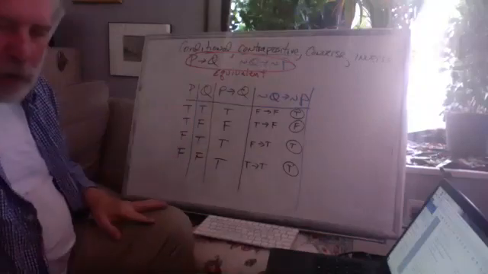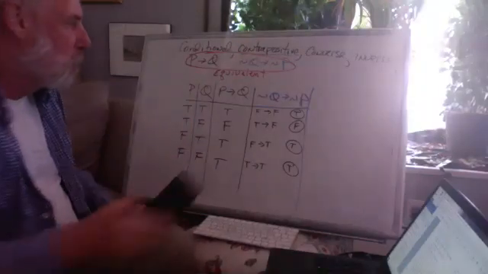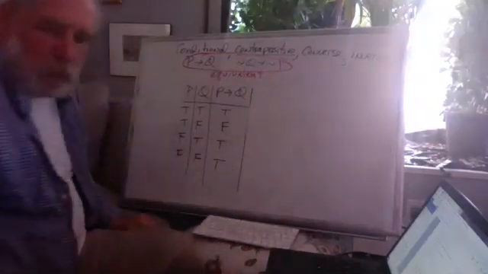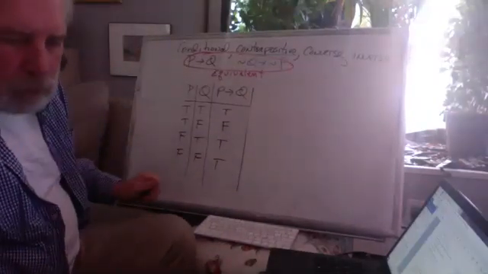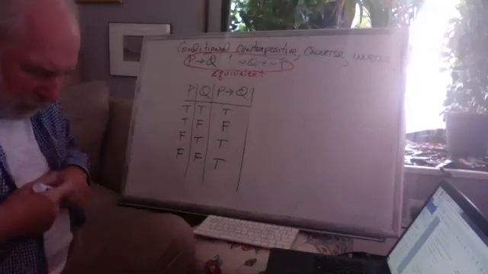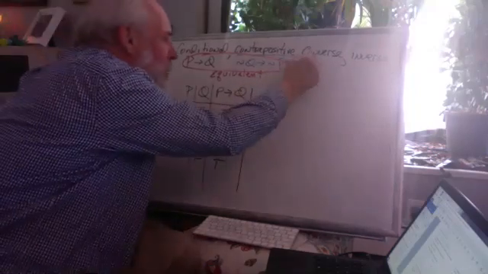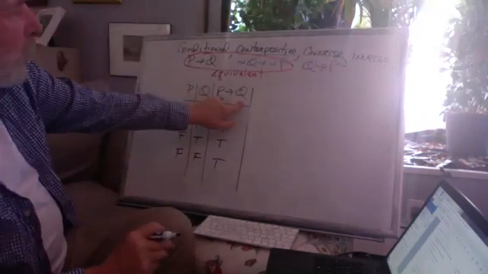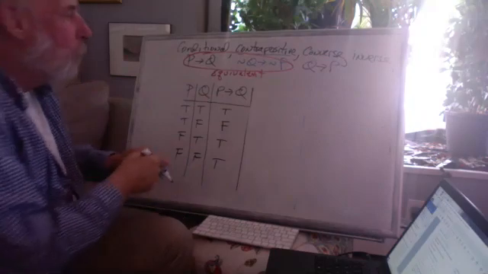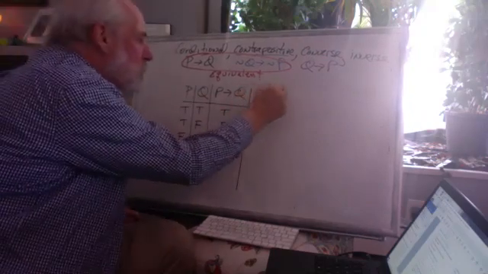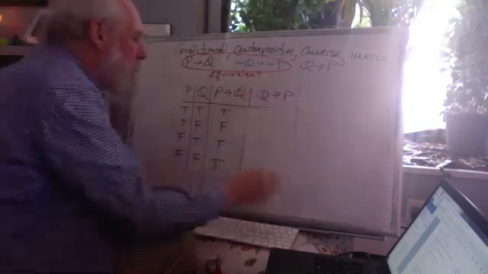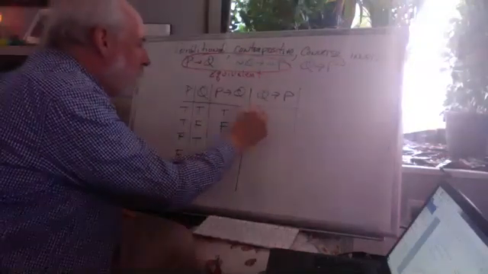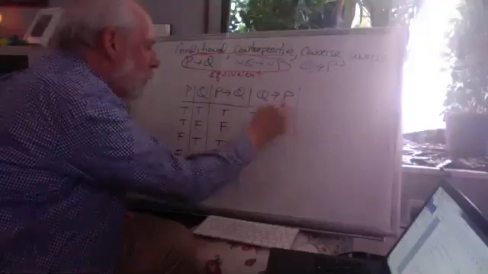So let's look at the converse. The converse is switch them. Beginning with the initial conditional statement, if we flip them, let's see what's happening here. Well, everybody's true on the first row, so we get true, then true, which is true.